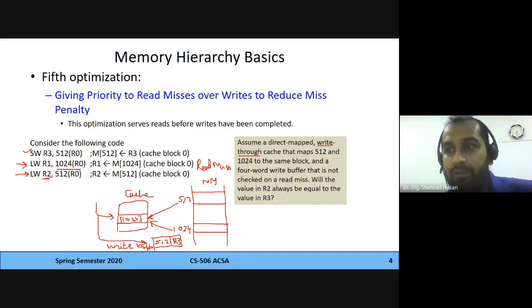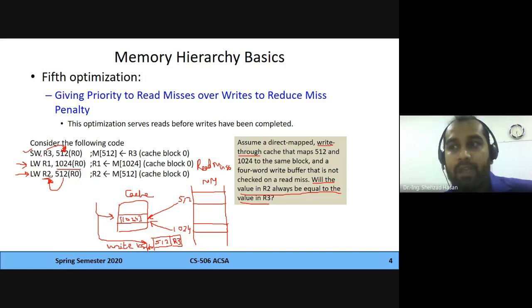What should have happened is you were placing the value of R3 into this location, and after one instruction, you are talking about putting that same value into R2. So you are not doing anything other than this. You're putting a value in the memory location, getting the same value into R2, right? So that's why we have this question: will the value of R2 always be equal to the value of R3?